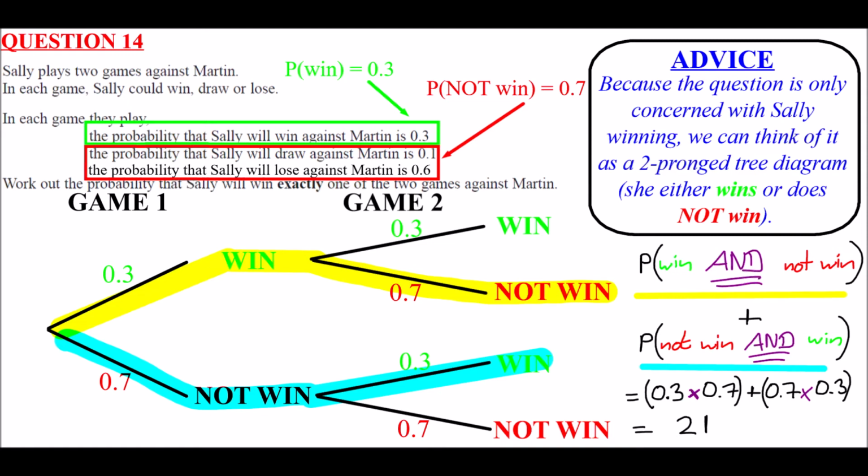There's 1 digit after the decimal here, and 1 after the decimal here too. So in our answer, we need 2 numbers after the decimal also. So here, that needs to be 0.21. If that's 0.21, this will also be 0.21, which gives us a total probability of her winning exactly 1 game of 0.42.